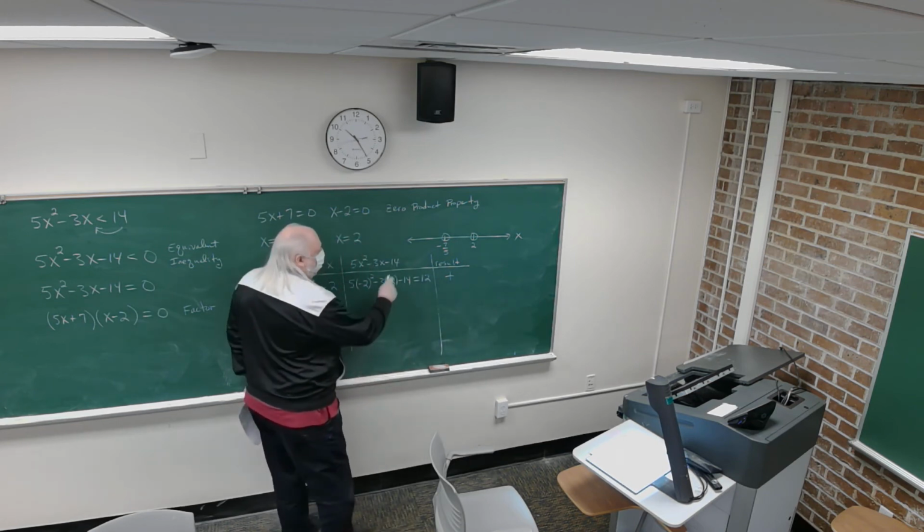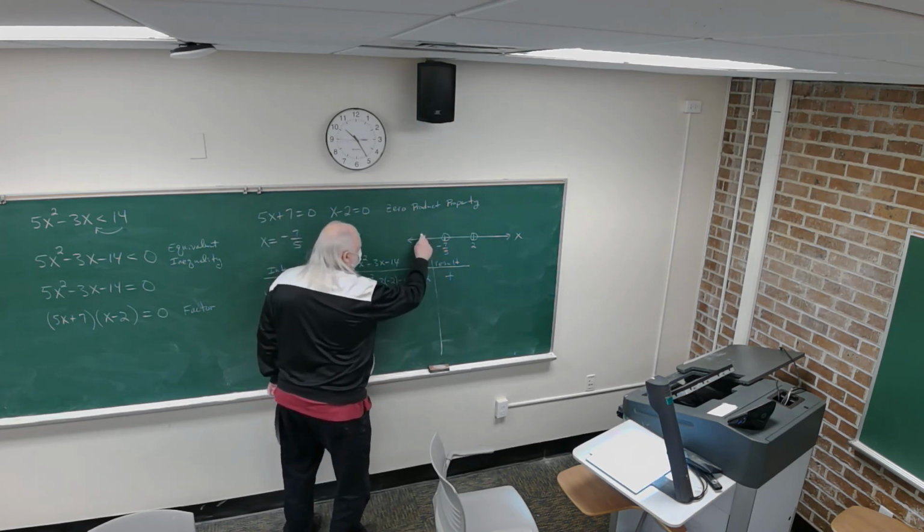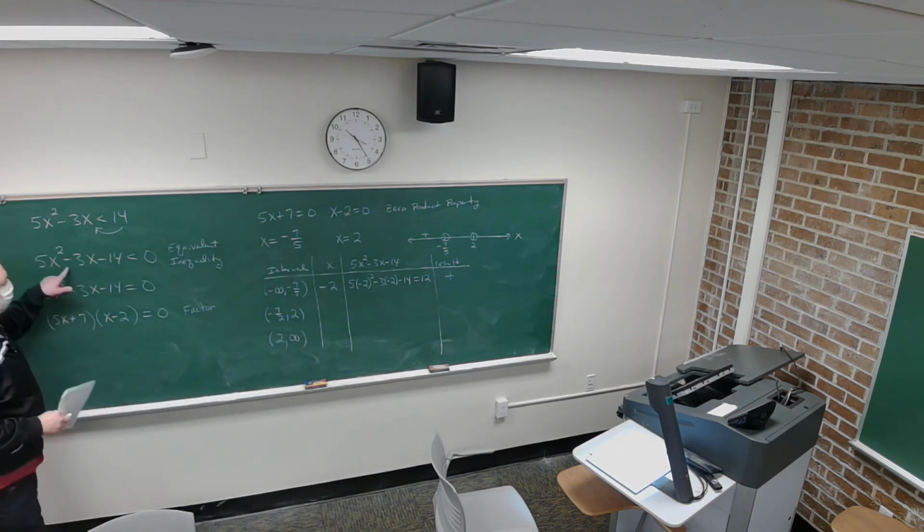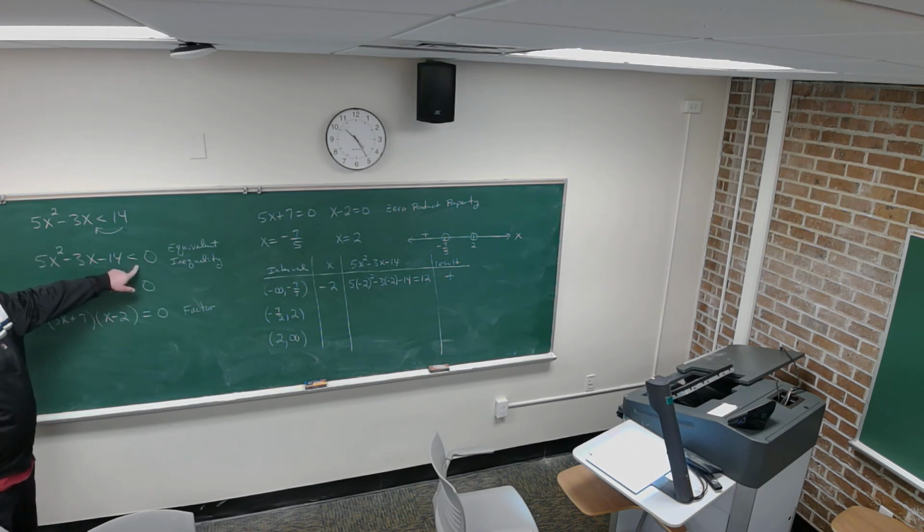So every number less than minus 7/5 put in for x over here will make the left-hand side greater than 0. Right? Because positive numbers are greater than 0. So the numbers in that first interval don't work. Okay.